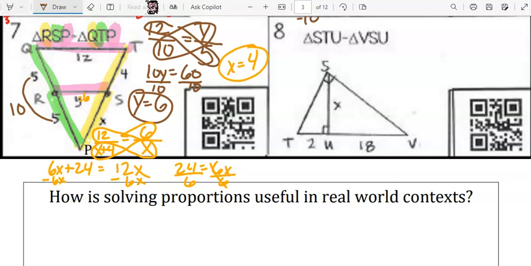And let's look at number 8. Triangle STU is similar to triangle VSU. Okay, let's mark these.